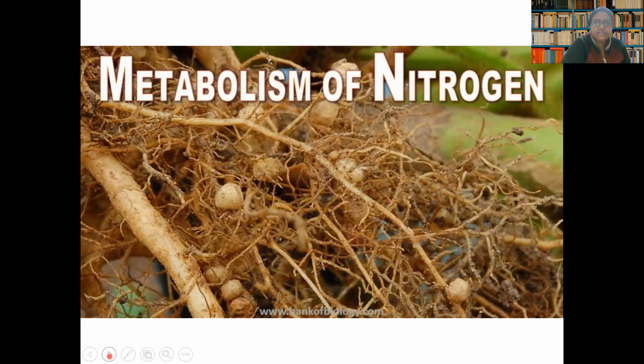But the problem is that in air it is present in gaseous condition. And the way plants obtain oxygen or CO2, they cannot utilize gaseous nitrogen. So it has to be converted into the form which can be taken by plants, and that form is nitrate, that is NO3 minus.